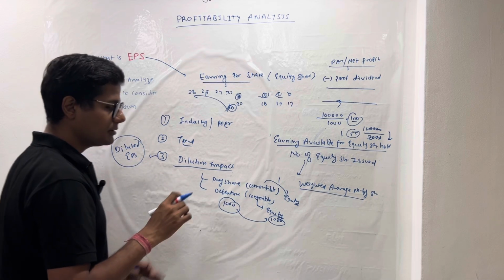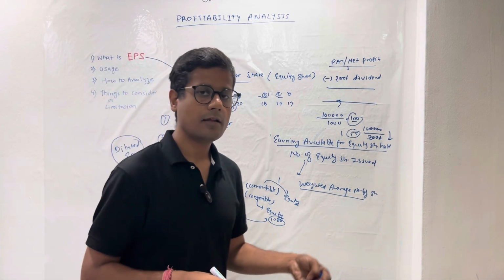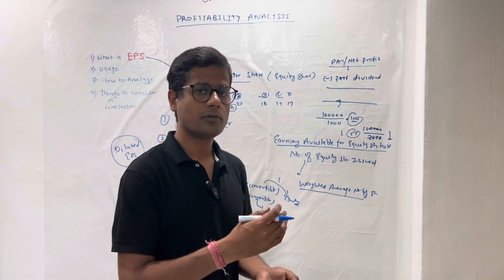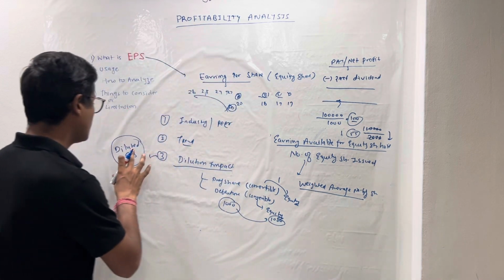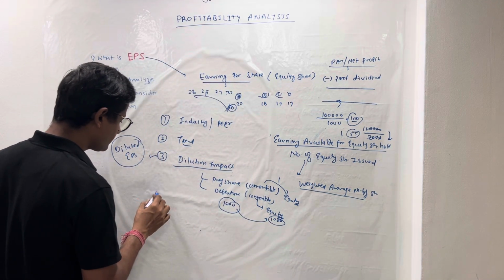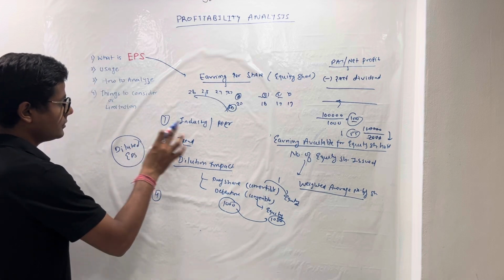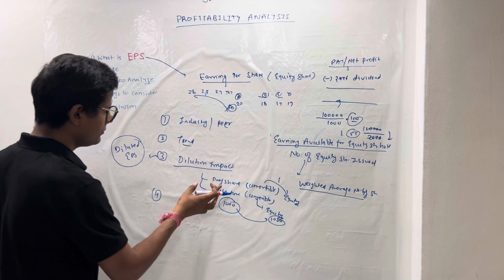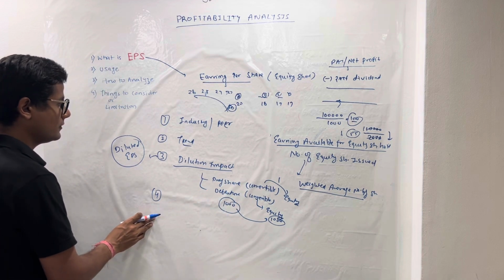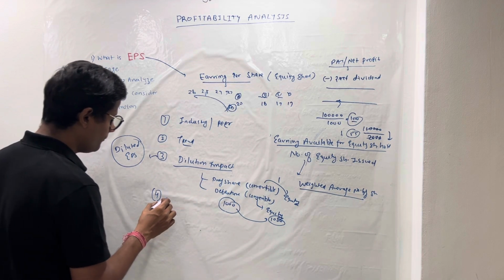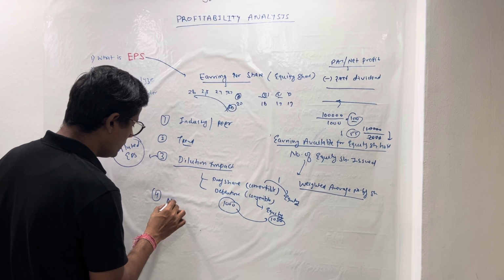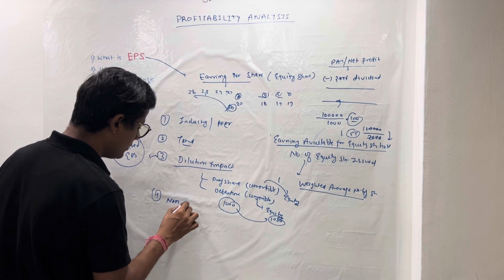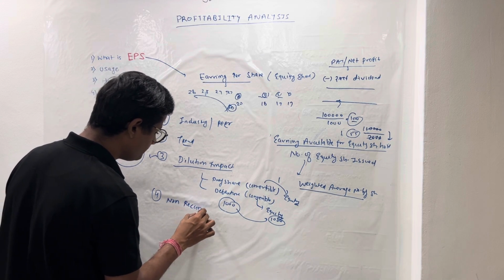This diluted EPS we are going to discuss in detail in the next video, where we discuss the calculation. While you analyze, you need to consider that also. And also you need to consider the non-recurring income or expense.